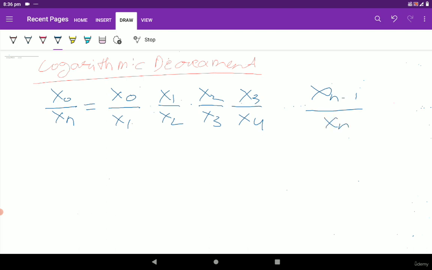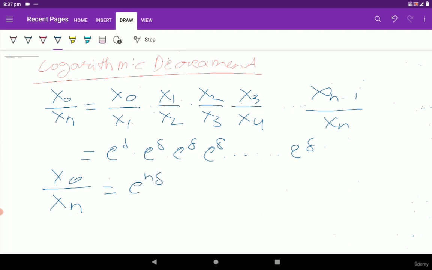We have studied that x naught by x1 is equal to e power del. So in every case we get e power del multiplied by e power del multiplied by e power del, and so on. After simplifying, we get x naught by xn is equal to e power n del.